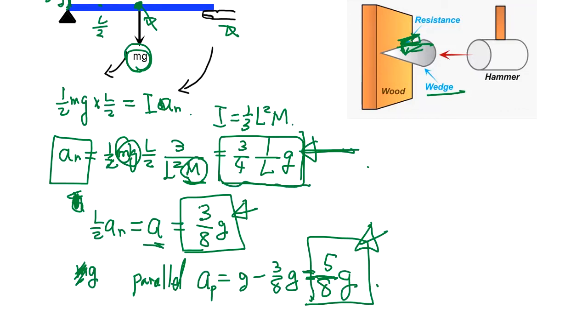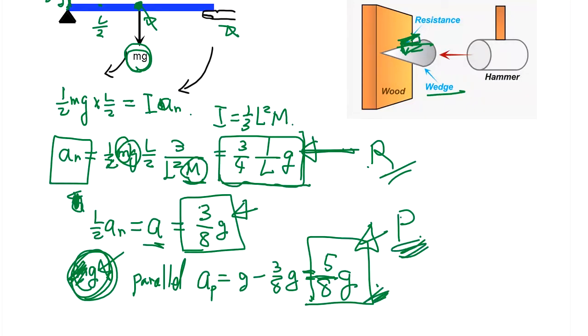Okay, so we describe rotational and parallel both. So it kind of depends on the situation. You have to subtract the contribution from the rotation from the total parallel acceleration, and that's going to be the remaining acceleration for the parallel movement.